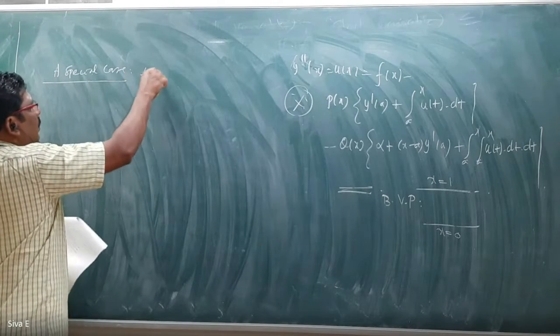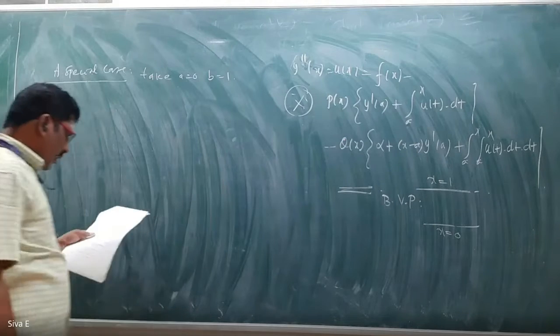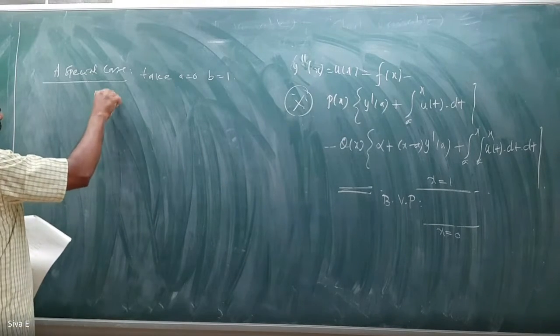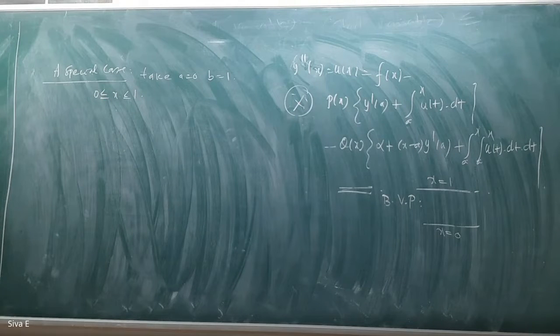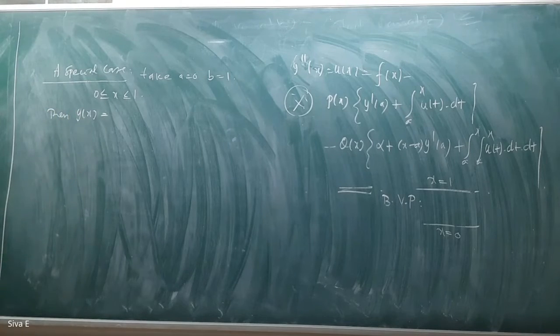Take a equal to 0 and b equal to 1. That means x lies between 0 to 1. Then y of x equal to, so what is the y of x formula?